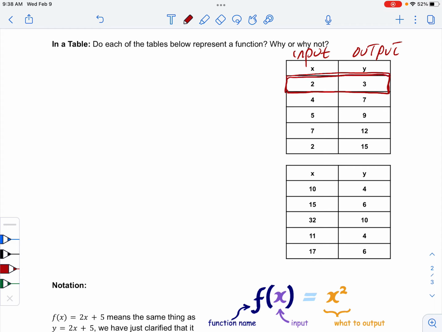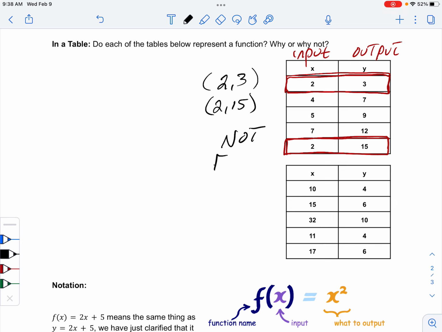I have an input of 2 and an output of 3. I also have an input of 2 and an output of 15. So we could think of this as 2 points, (2, 3) and (2, 15). I have one input going to more than one output. This is not a function.